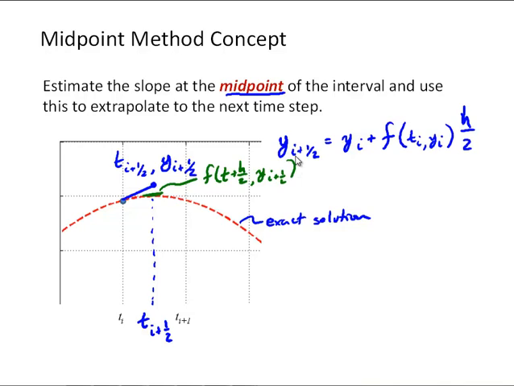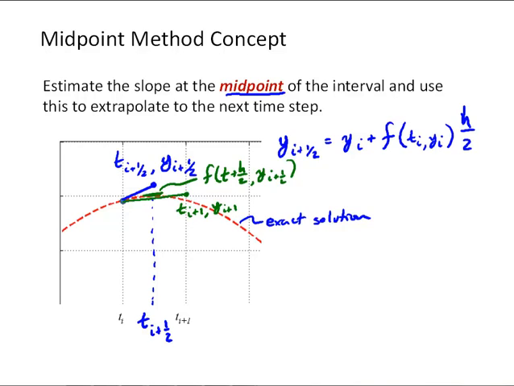So we'll take that slope at the midpoint and then use that slope to extrapolate our next point from yi. So we'll take that same slope and use it. I'll draw a parallel line that gets us all the way to ti plus 1. And so now we're at ti plus 1 and yi plus 1.